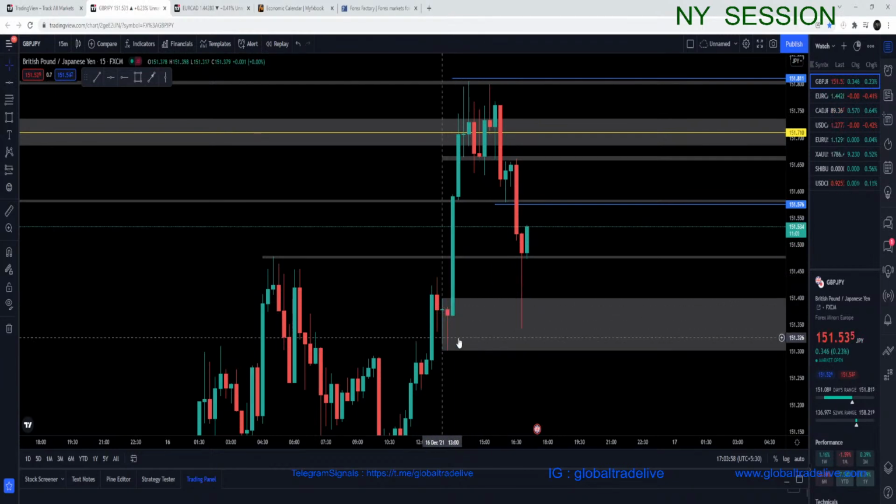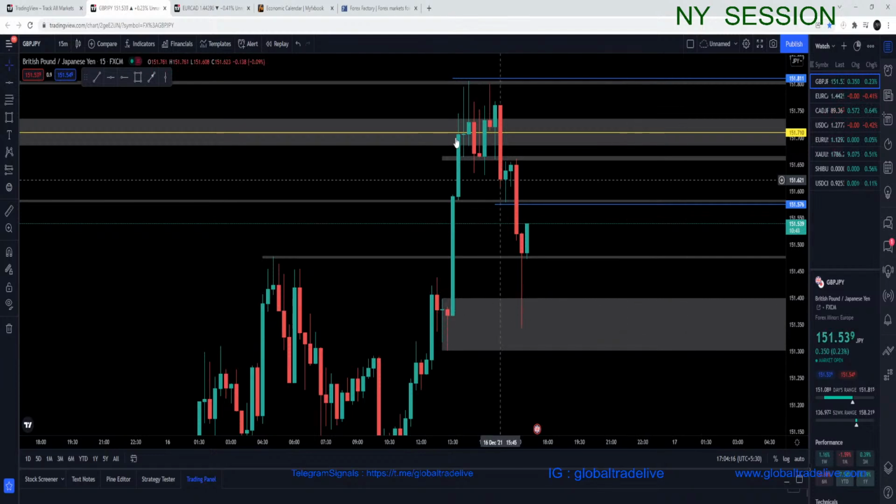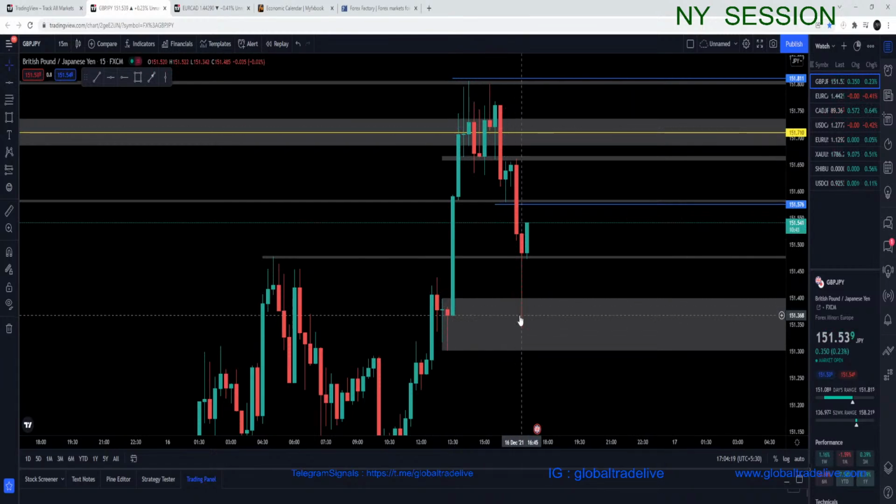This is a heavy liquidity injection candle, and after this the market went up. Suppose we missed the trade from this breakout, right? But when we mark this POI over here, we get a zone, and the market just came all the way down into this zone, and it rejected this area heavily, right?